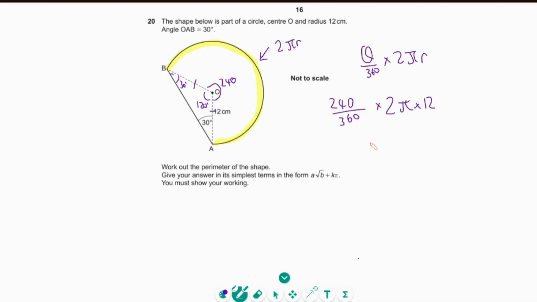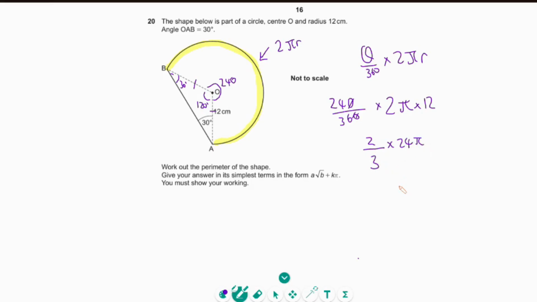Okay, so how do we do this with our calculator? Let's simplify the fraction by dividing by 10. Then we can divide by 6, which gives us, we can divide by 12. Divide the numerator and denominator by 12, you get 2 over 3. So it's 2/3 times 24 pi.